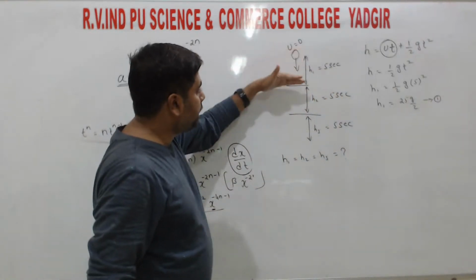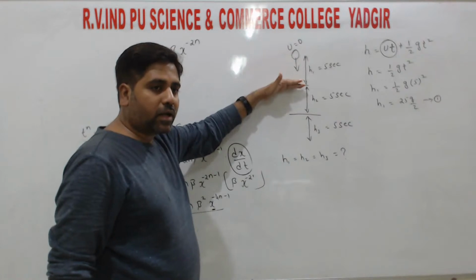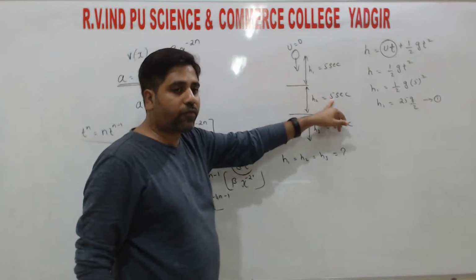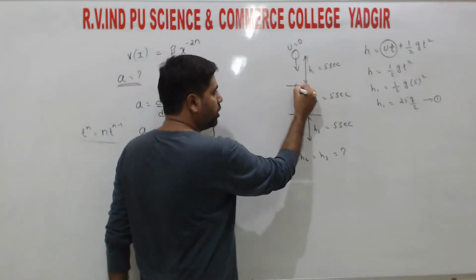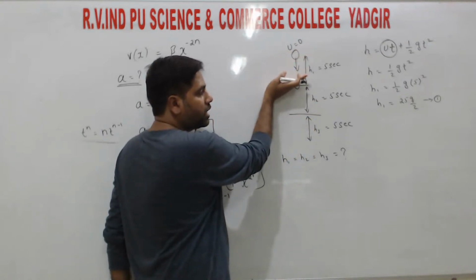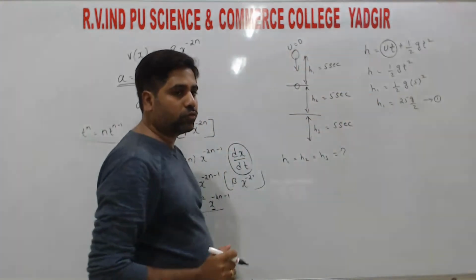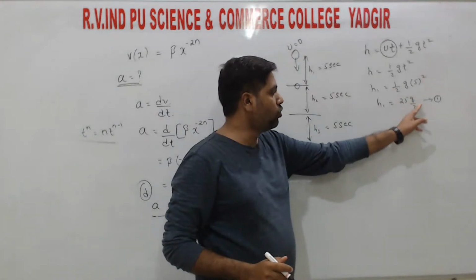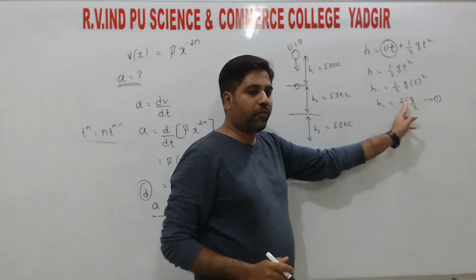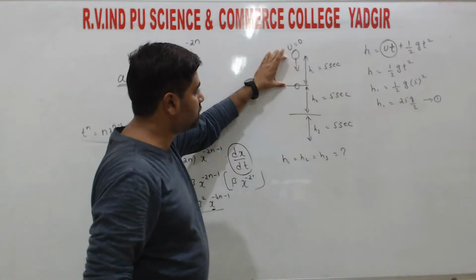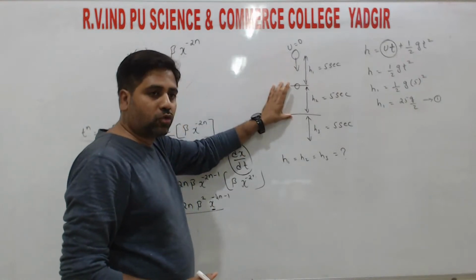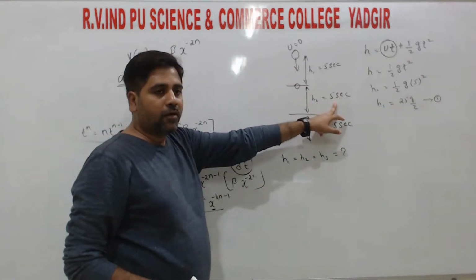Next, after h1 is covered, it will cover h2 distance in the next 5 seconds. That means the ball will be here after it covers a distance of 25 g by 2. Simplifying, g is 10, so 10 by 2 is 5, into 25, that is 125 meters. After this distance is travelled, h2 is covered in 5 seconds.